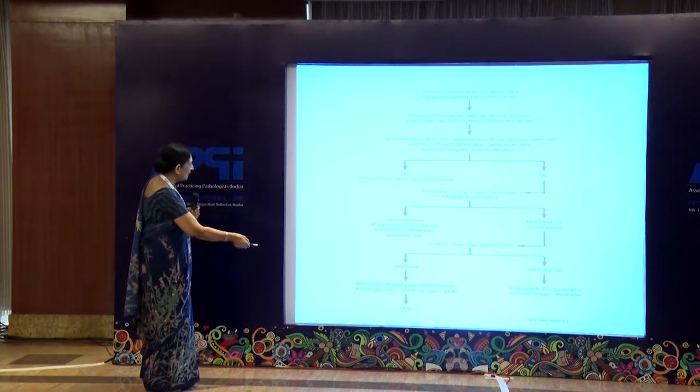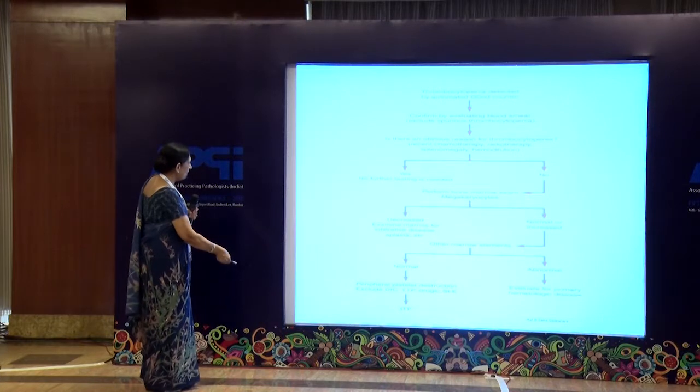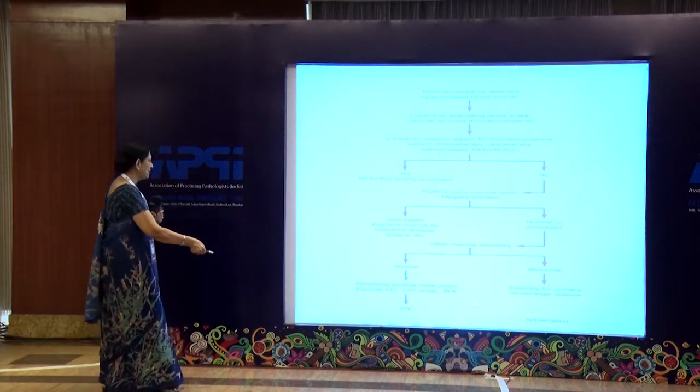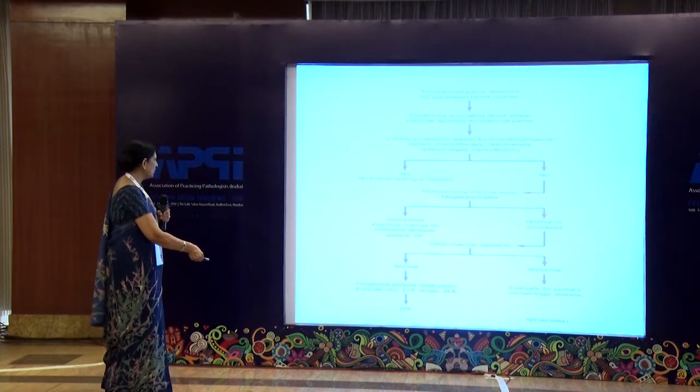So look at the other elements of the bone marrow. If other elements are normal and megakaryocytes are increased, you are probably looking at this group of disorders, which is peripheral platelet destruction, can be due to any of these causes. And of course, if you don't have any of these, then maybe ITP.